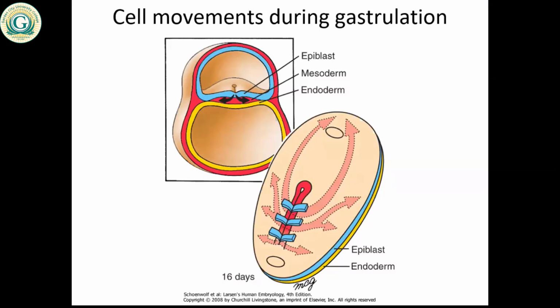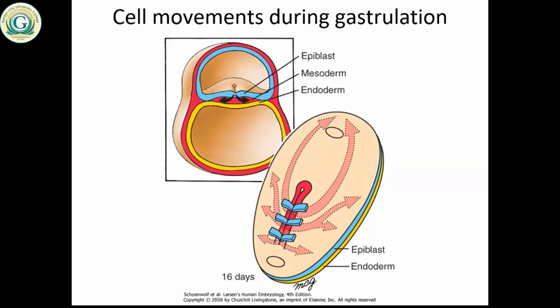Now, these movements of the cells are very important, because if a cell is supposed to move to form endoderm and doesn't move, there will be a problem. If the cell is not supposed to move, it's supposed to stay, and that cell also moves into the streak, there's a problem. So this movement of cells is controlled by genes.